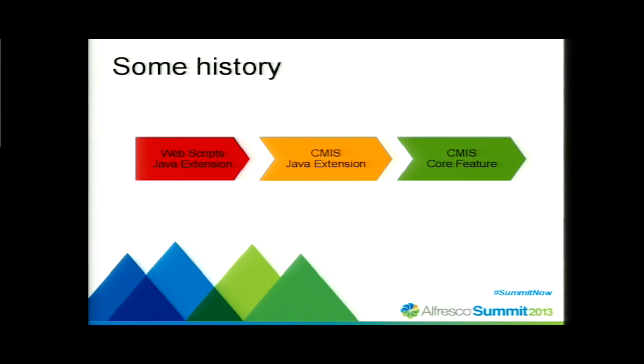At that time, CMIS did not even exist, so I created that with web scripts. I had a whole collection of web scripts deployed on the server side, and then a Java extension on the OpenOffice side to make them talk together.